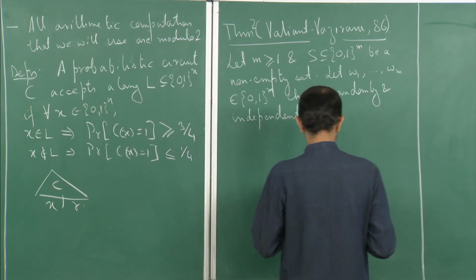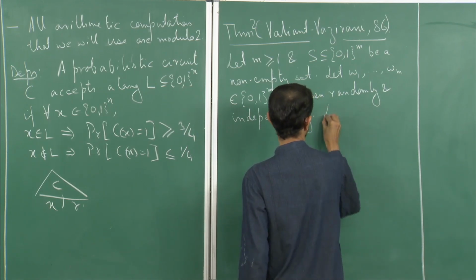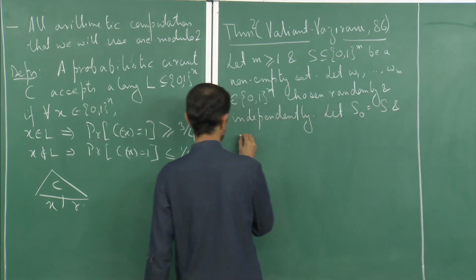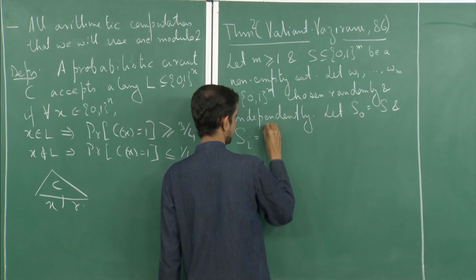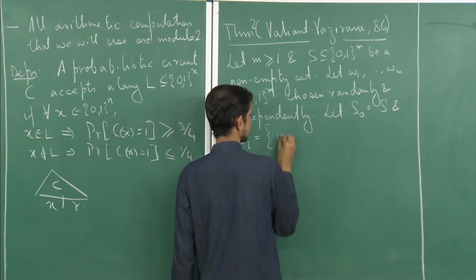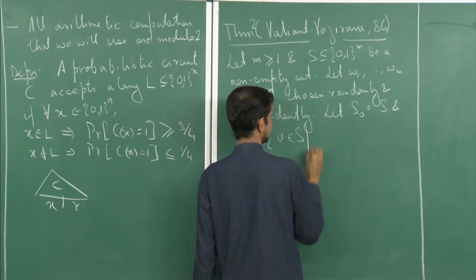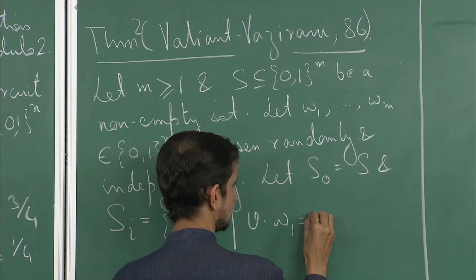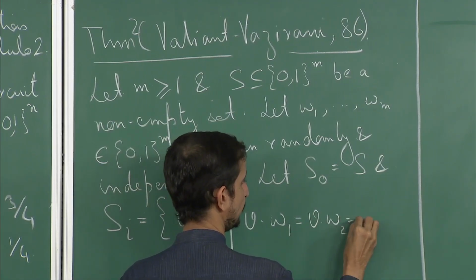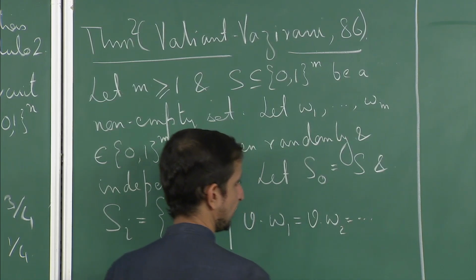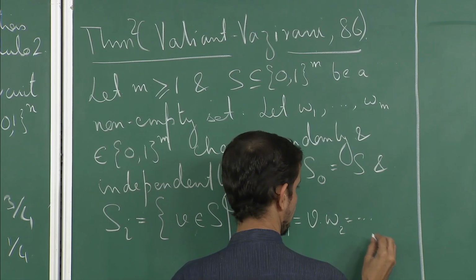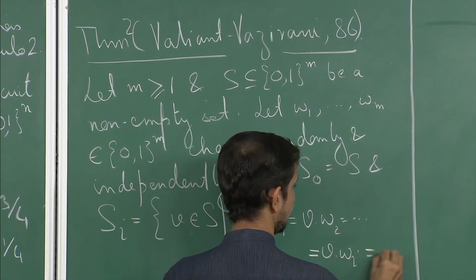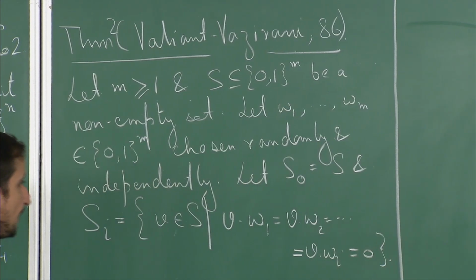Let S0 be equal to S, and let Si be all vectors v in S such that v dot W1 equals v dot W2 equals ... equals v dot Wi equals 0.